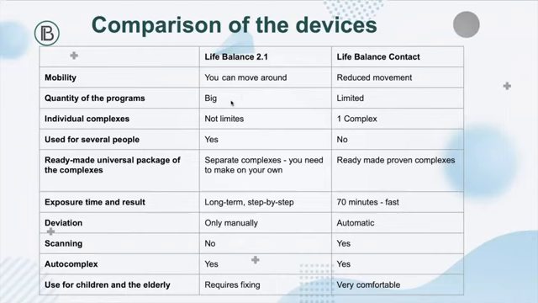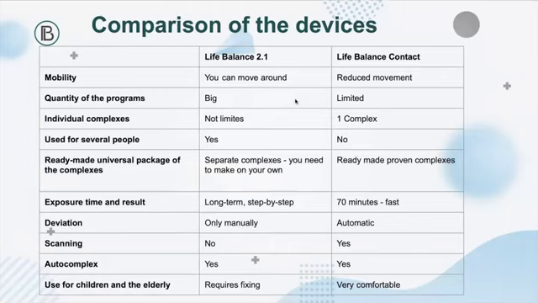Quantity of programs, a big quantity of programs, because when you buy Life Balance 2.1, it already includes 300 devices, and you can get a voucher to do 600 programs instead of 300.